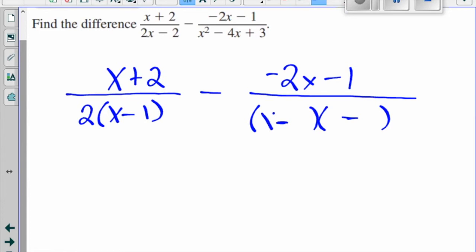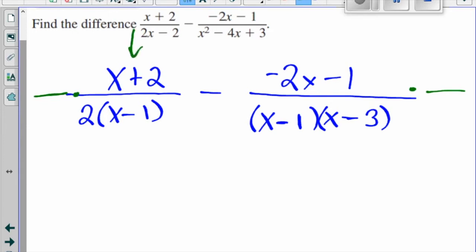Factors of x squared would be x and x, and the only factors of 3 are what? 3 and 1, 1 and 3. Okay.